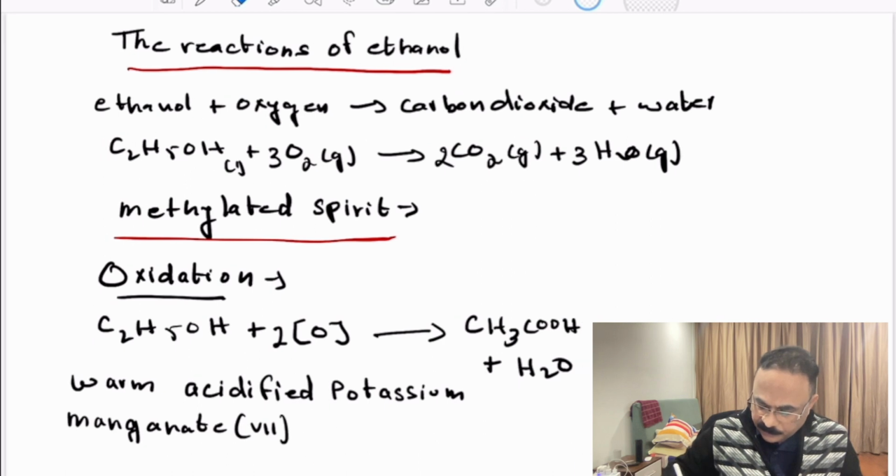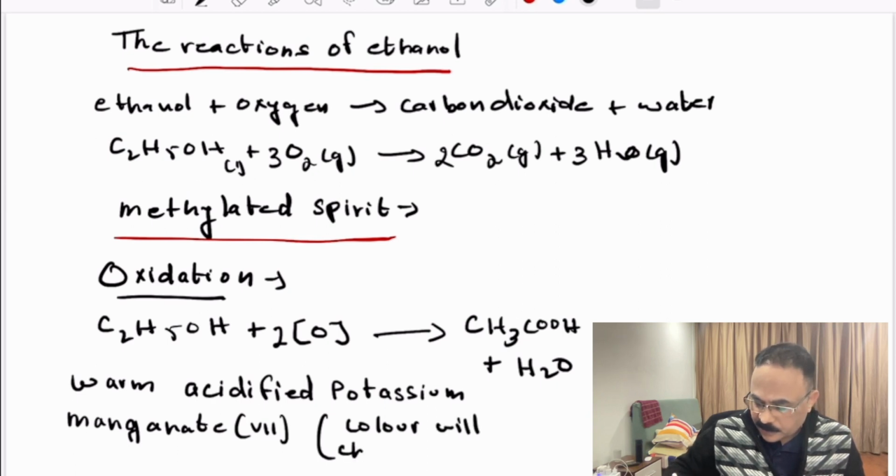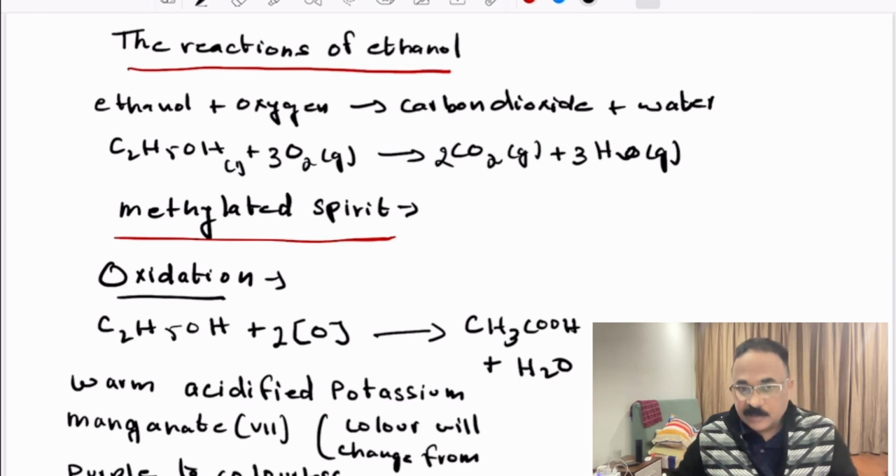Color will change from purple to colorless. So this is how we can write it down.